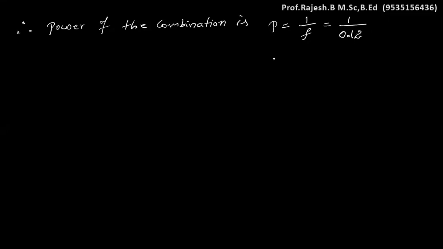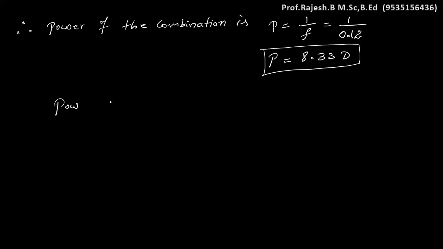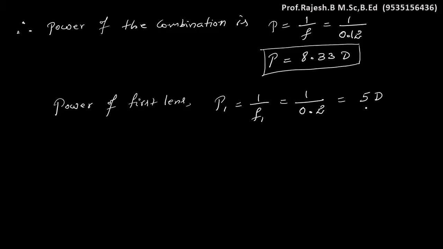So we are getting the power of the combination around 8.33 diopter, and power of the individual lens, right? Power of first lens, that is P1, 1 by F1. So 1 divided by focal length of the first is 0.2. That is 5 diopter.